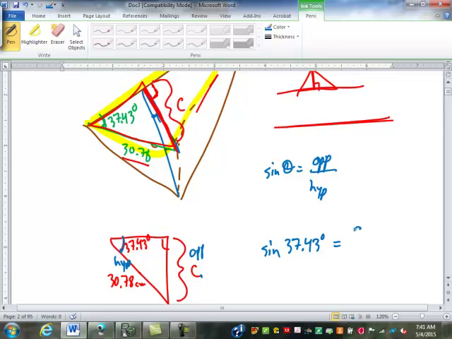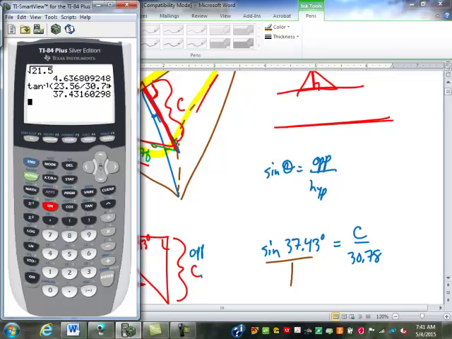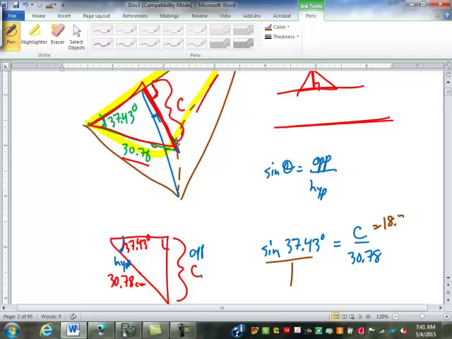Opposite side is C, my hypotenuse, 30.78. So I'm going to cross multiply. Sine of 37.43 times 30.78. 18.71. That is this length here.